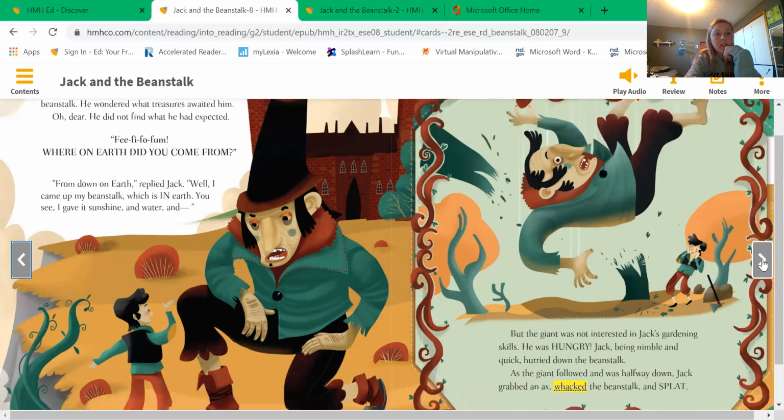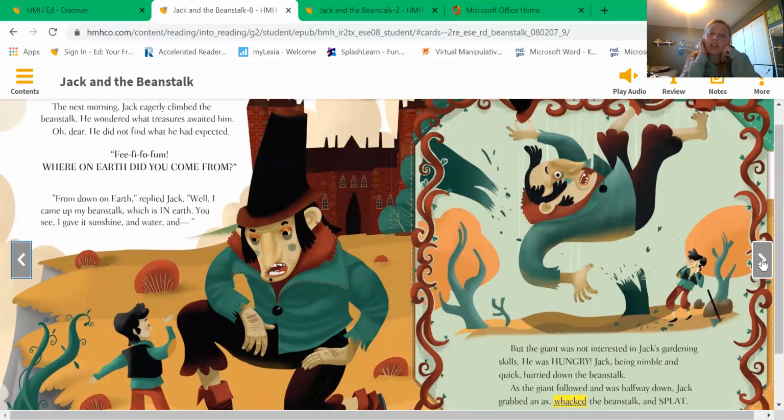So here we go. The next morning, Jack eagerly climbed the beanstalk. He wondered what treasures awaited him. Oh dear, he did not find what he had expected. Fee-fi-fo-fum, where on earth did you come from? From down on earth, replied Jack. Well, I came up my beanstalk, which is in earth.